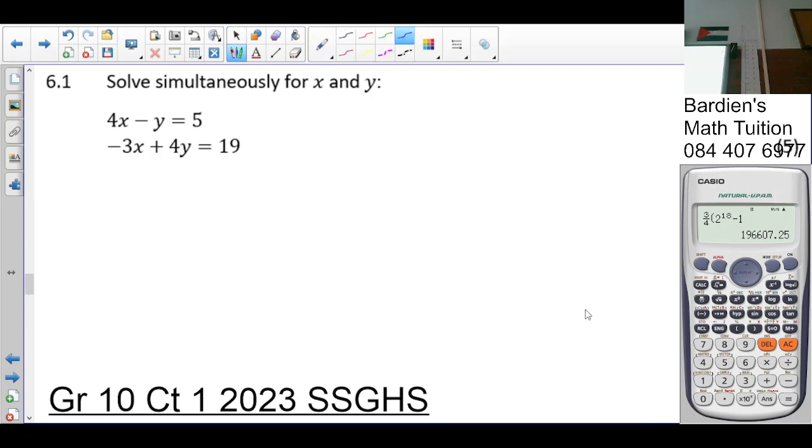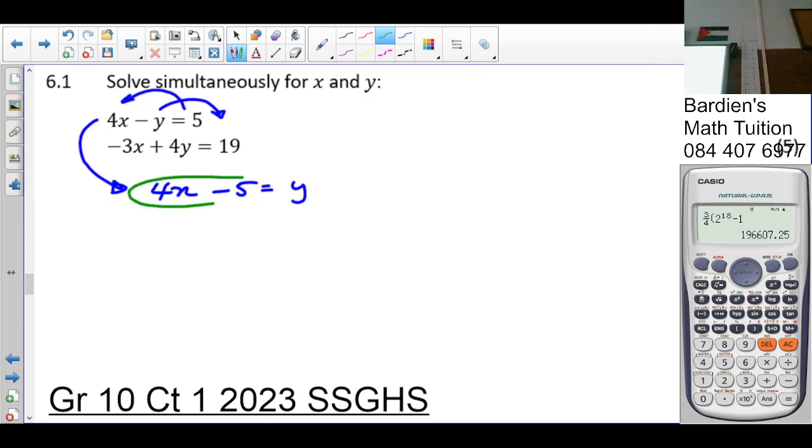I'm going to make y the subject of the formula in the first equation. We're going to take y over the equal sign, and I will take the 5 on that side as well. So you got 4x minus 5 is equal to y.